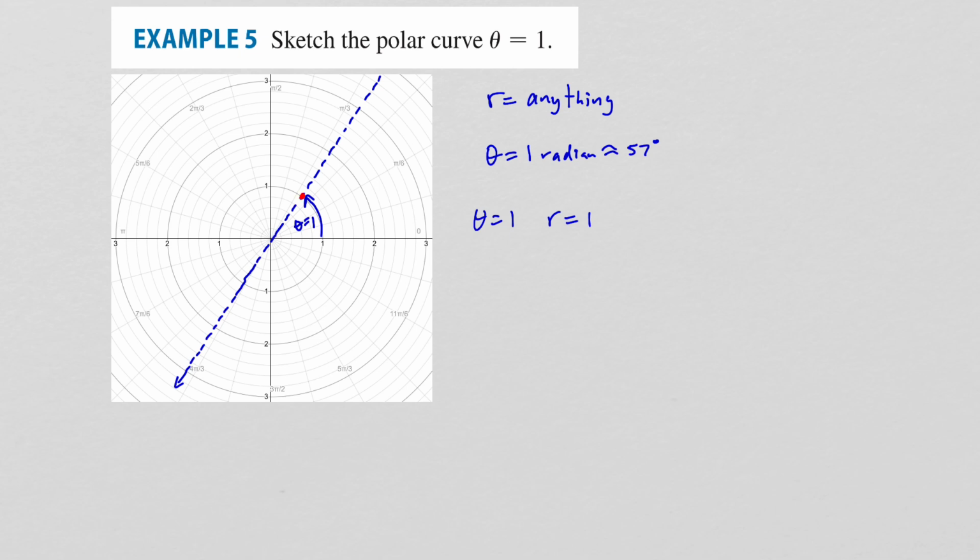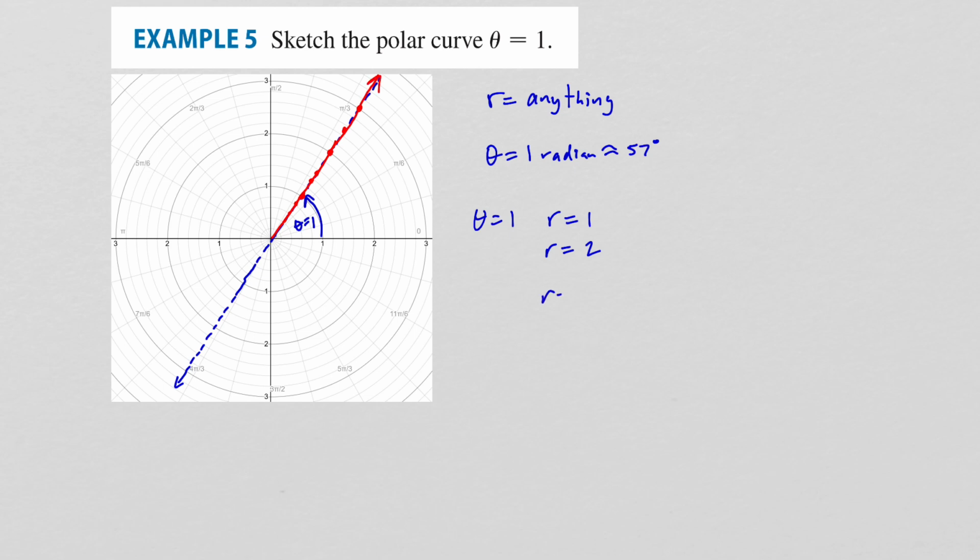If theta equals 1 and r equals 2, you're going to go out 2 units on that angle. If r is 3, you'll go out 3 units. Or if r is 2.5, you'll go out 2.5 units. And so if we fill in all the possible positive values for r, you end up getting this entire line.